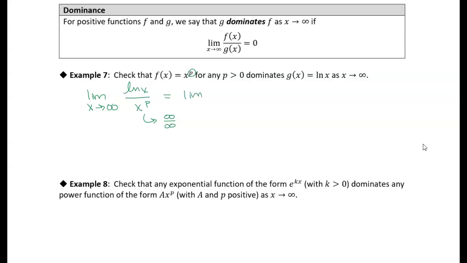If we take the derivative of the top and the derivative of the bottom, the derivative of natural log is just 1 over x. And the derivative of the bottom is p x to the p minus 1.